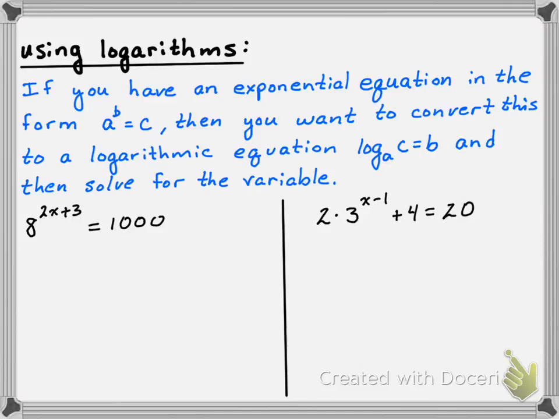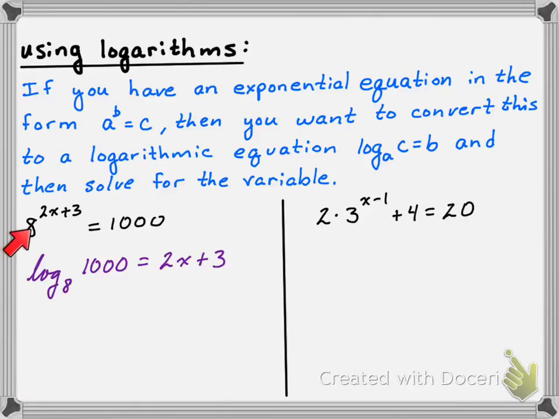And so that's how you solve, is by using inverses. All right, so we can convert this, which would be log base 8 of 1,000 is equal to 2x plus 3.